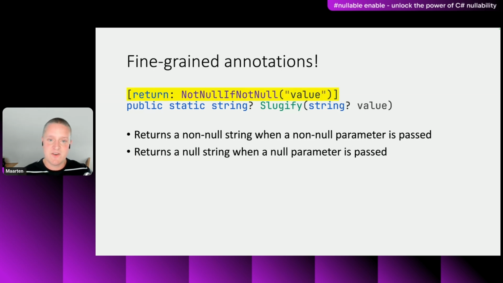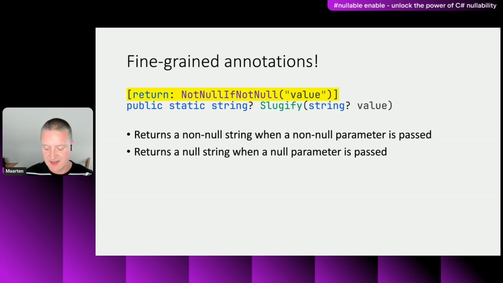You can add fine-grained annotations and basically say, okay, the return value of this method is going to be not null if my parameter named value is not null. So adding this annotation is going to help the compiler and the IDE understand that, okay, whenever I pass in null, this is going to return potentially null. Whenever I pass in an actual value in that string, it is going to return a string that is not null that I can work with.